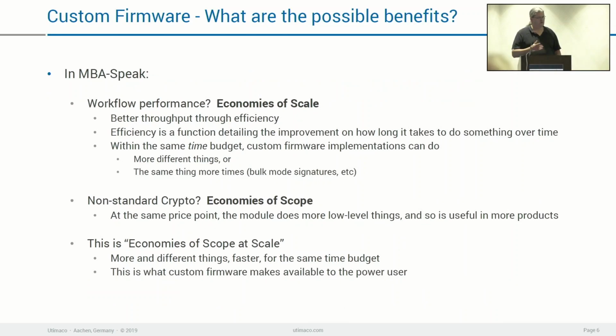So what are these things? In MBA speak, it's economies of scale and economies of scope. Scale means you're doing more for the same time budget. Scope means that you're doing more with the same equipment. And if you can do both of those at the same time, i.e. you're using custom workflow and you're doing non-standard cryptography, then you're benefiting from economies of scope at scale.